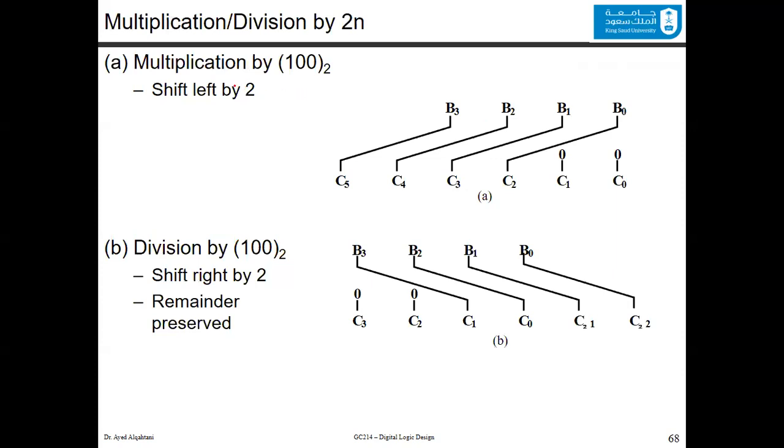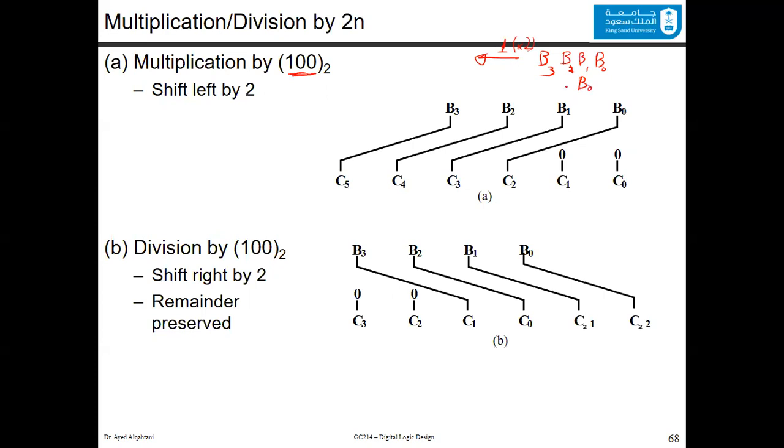So if you want to multiply by a number, let's say 4, you should know that if you shift any number, let's say in this example b, to the left by 1 position, it's like you are multiplying b by 2.